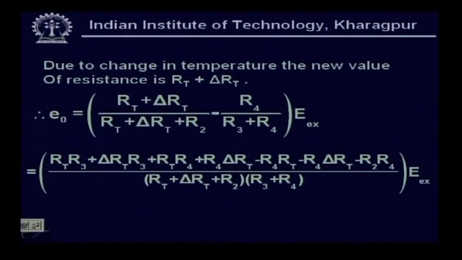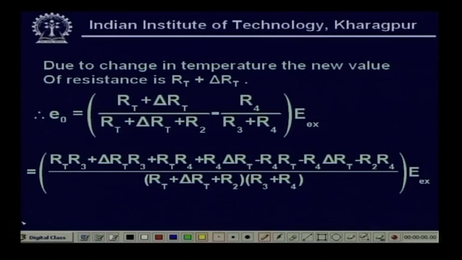Then E naught, with the new value of RT, because RT is replaced by RT plus delta RT in these equations, is RT plus delta RT upon RT plus delta RT plus R2, minus R4 upon R3 plus R4, multiplied by the excitation EX.